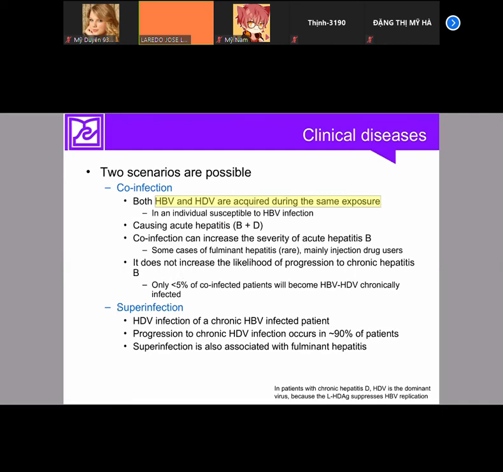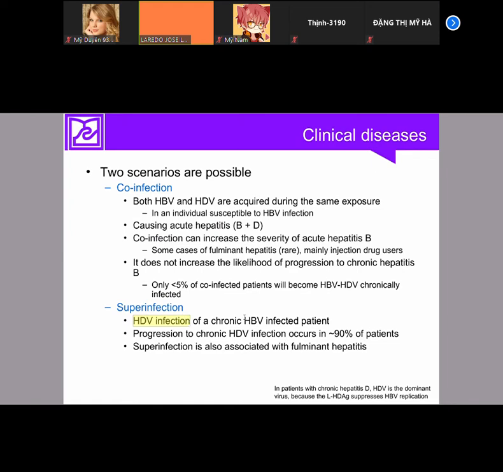The second scenario is called superinfection. What is superinfection? Superinfection is when a patient who is already chronically infected by hepatitis B becomes infected by hepatitis D. So the patient was not healthy.